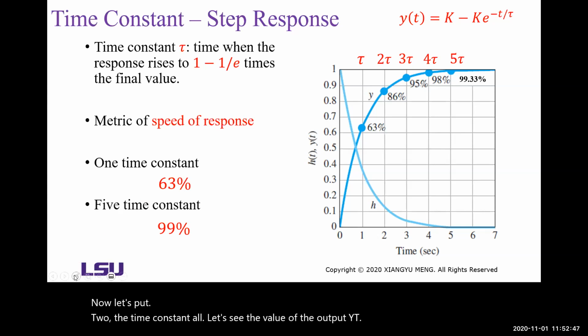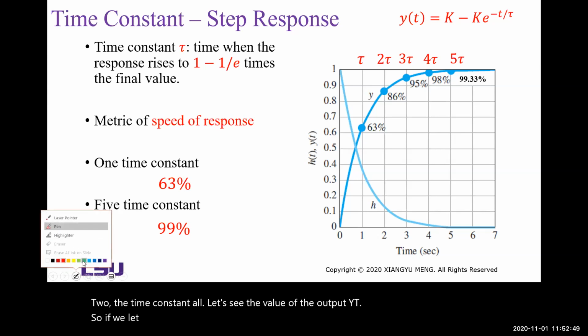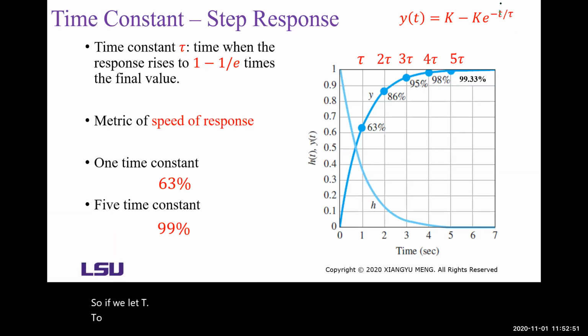If we let t be tau, then we know y(tau) equals K minus K exponential minus 1.